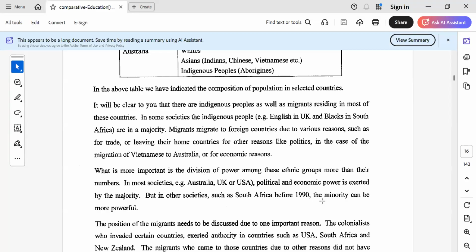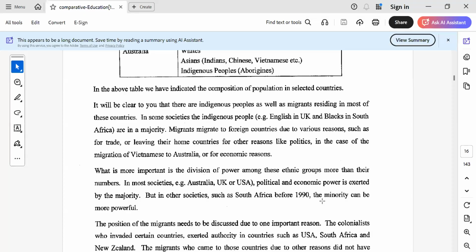Even now, in America, they are thinking migrants are the threat, so they are losing their working opportunities. Every country earlier didn't have much population, so they invited migrants.